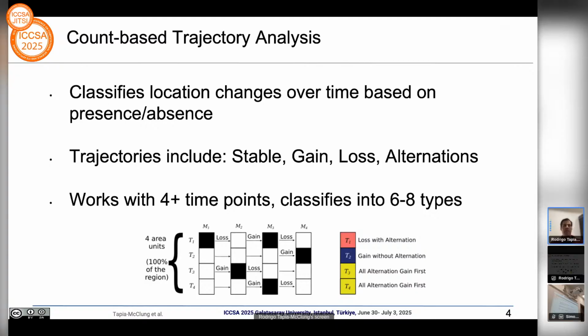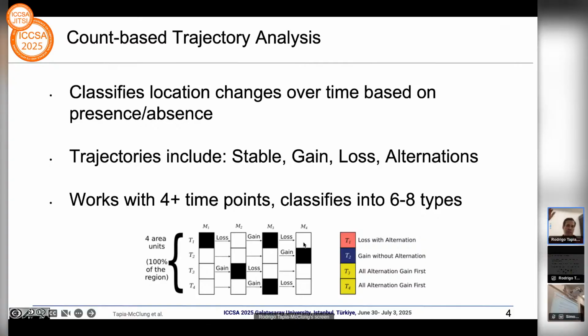So at the beginning we have presence, then we can have a loss of that presence, and so we have absence, and then maybe we can gain it again, so it's present, and then we can lose it again.